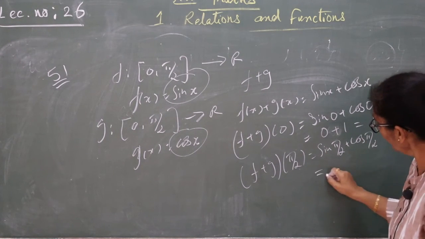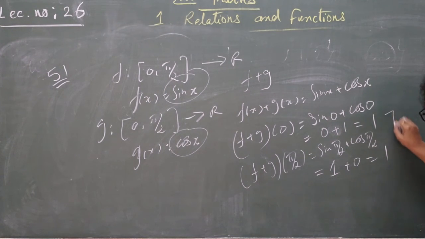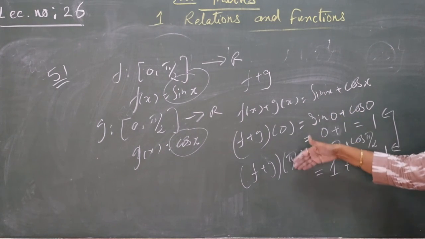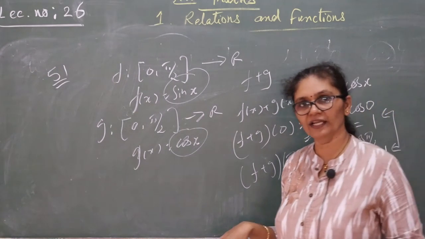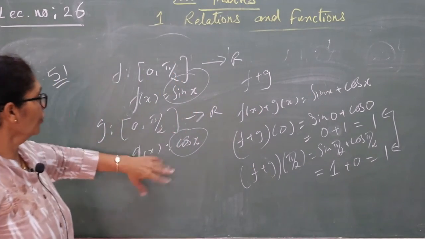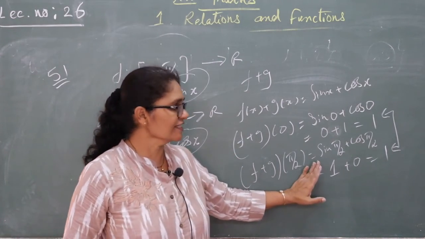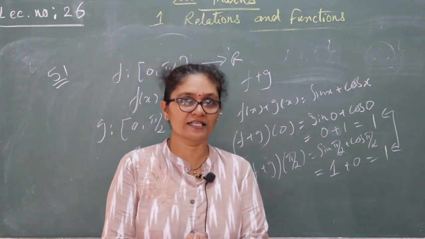What is sin π/2? 1, and cos π/2 is 0, so again 1. Now check, for two different inputs we get the same answer. If for two different inputs you get the same output, what is the meaning of it? It is a many-one function. So here we have proved that sin is one-one, cos is one-one, but their combination sin + cos is not one-one. So I think for today this much is enough.